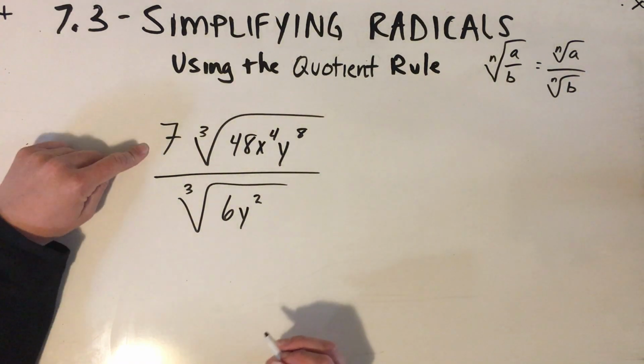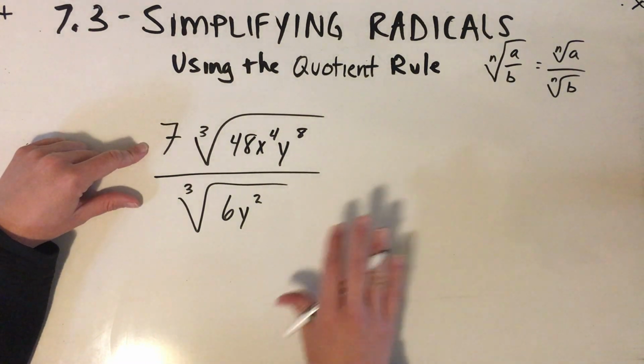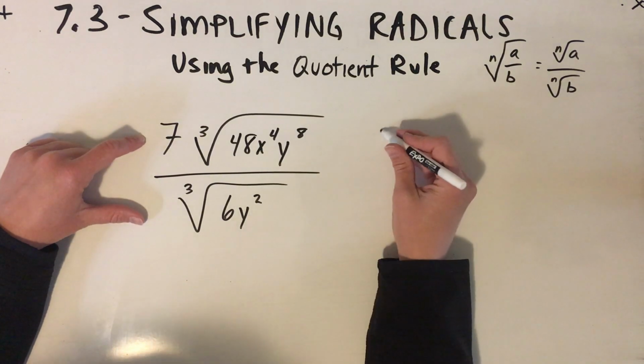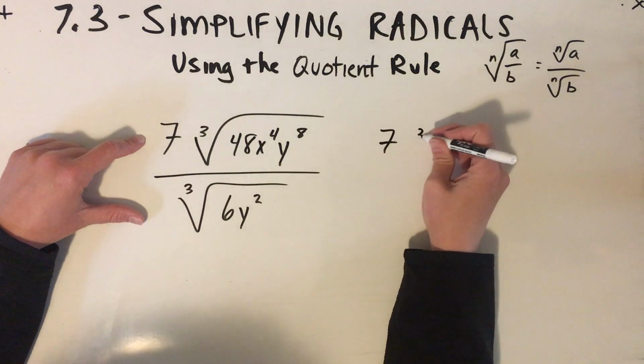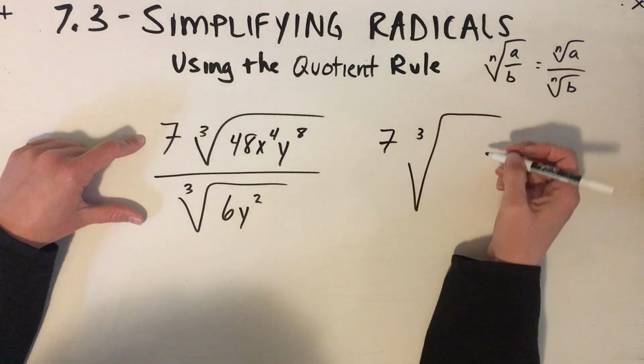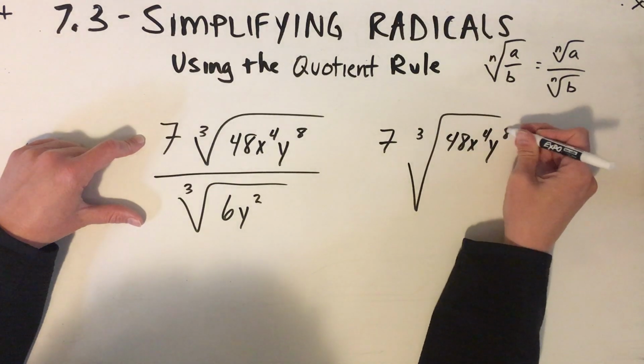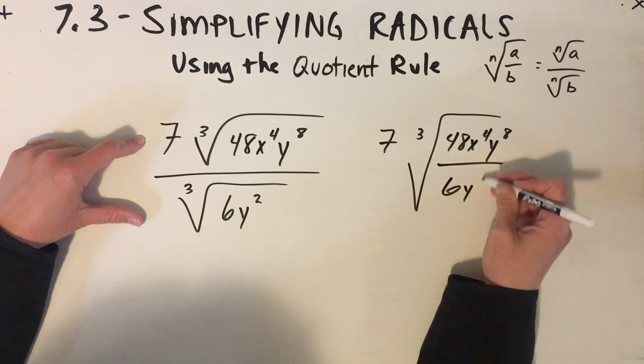Again, this 7 here is a constant, so we can't put it under that radical. We have to keep it outside. So if I were going to rewrite this, I would write it as 7, then the cubed root of 48x to the 4th y to the 8th, all over 6y squared.